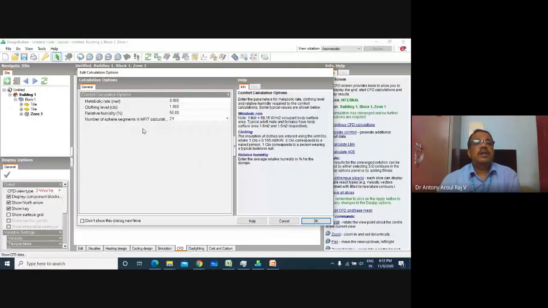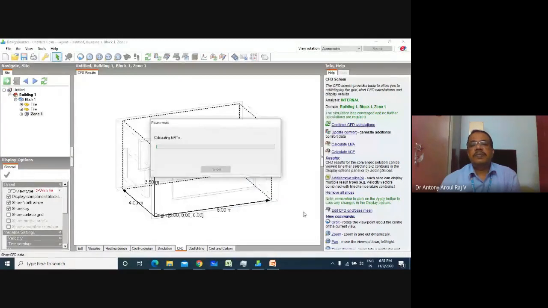For that, these things we will study tomorrow. We will just have a look at how comfort indices will be plotted. Now I am updating the comfort indices. So far you would have found only temperature, pressure, and velocity. Now some new parameters will be included.